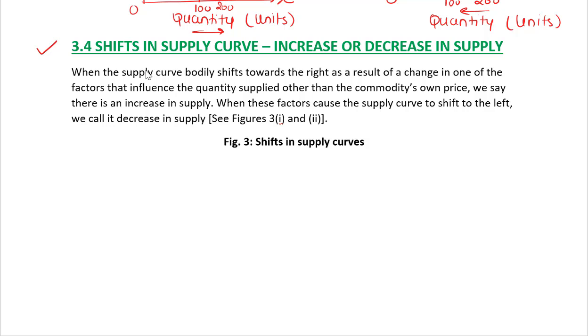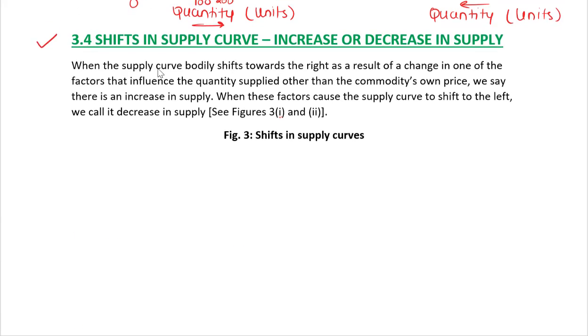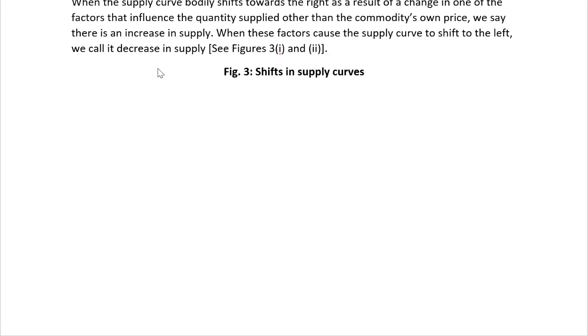So price remains constant, and the shift in the supply curve, that is increase in supply or decrease in supply, has happened due to other factors that cause the curve to shift either to the right, that is increase in supply, or to the left, that is decrease in supply. Let me show it over here.